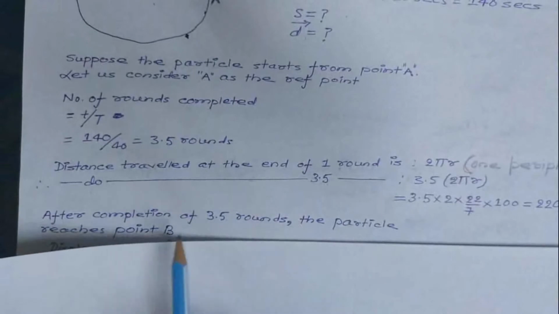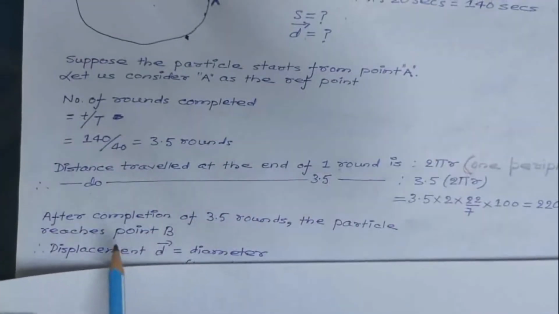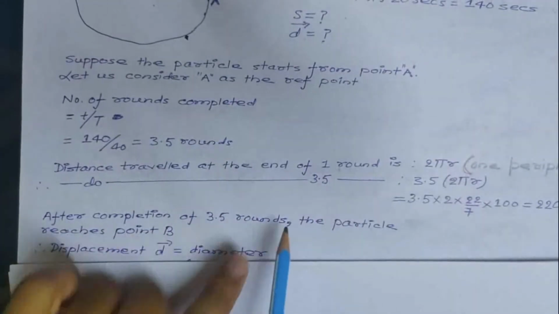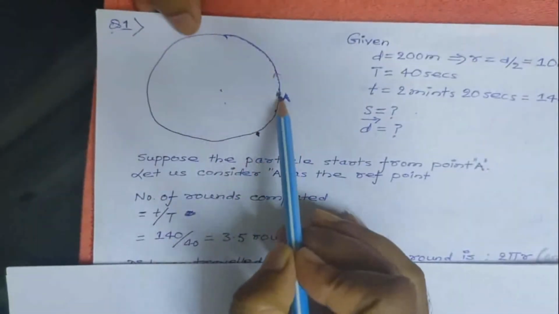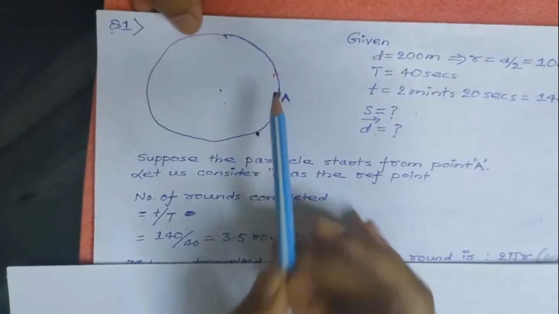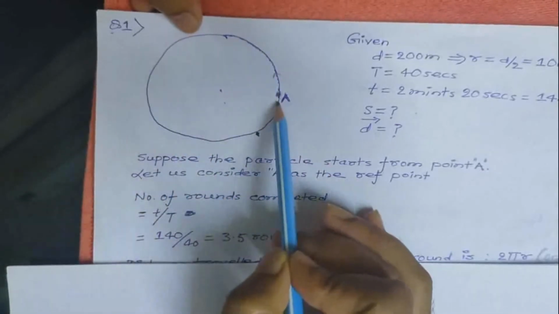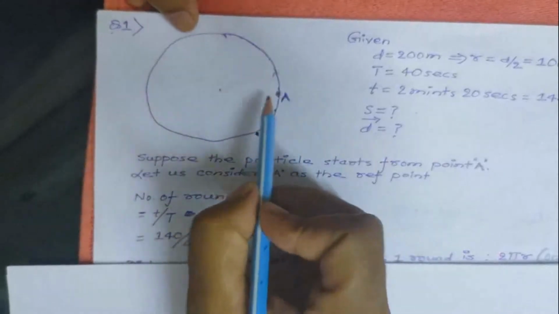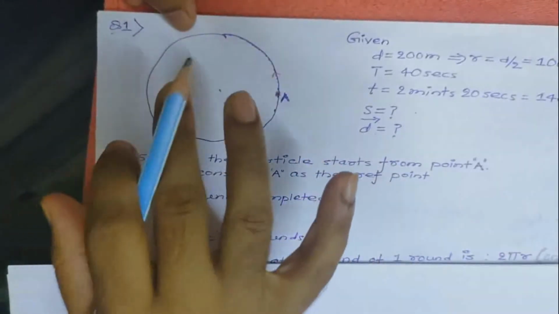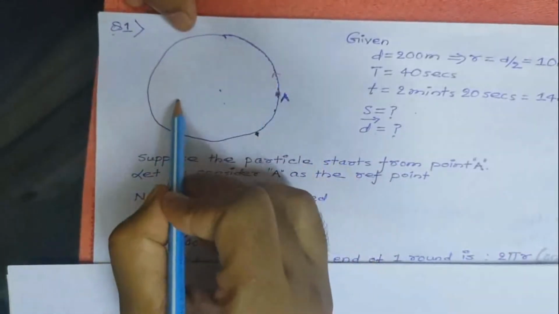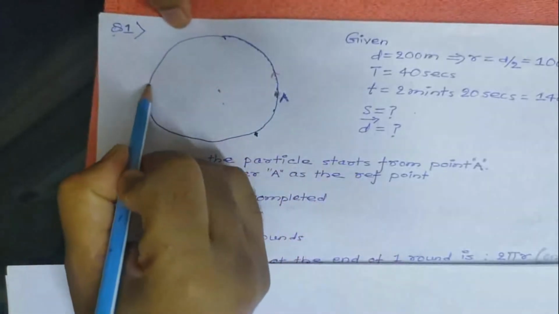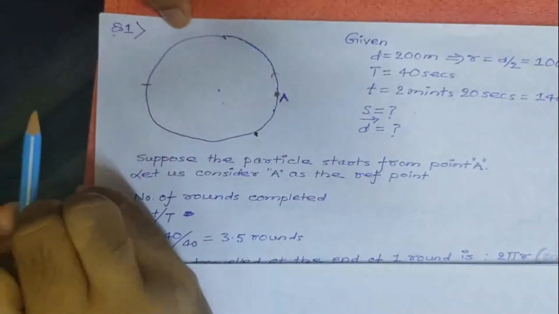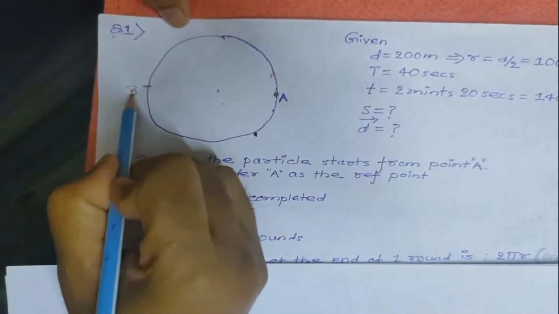Now the interesting part is to find out the displacement. We already discussed that after completion of one round it will reach the same point, so displacement is 0. After completion of 2 rounds, similarly n rounds. But after completion of half round, what will be the position of the particle? It will come just opposite to the initial position, somewhere here.